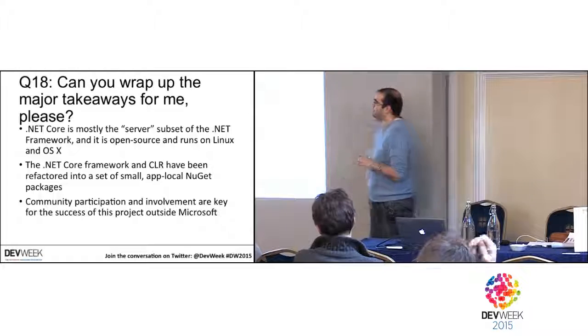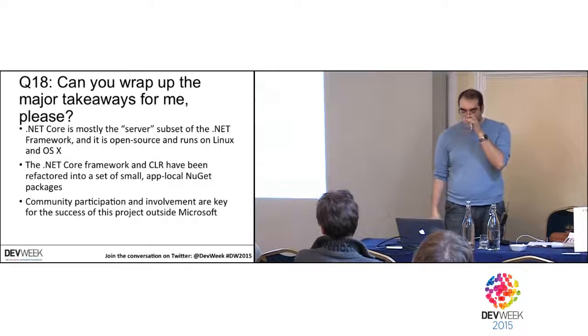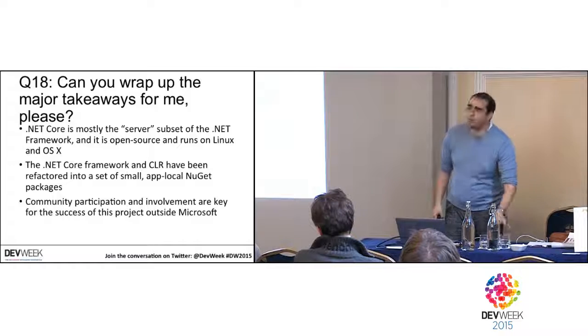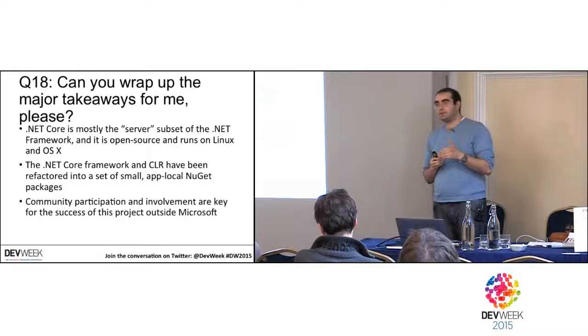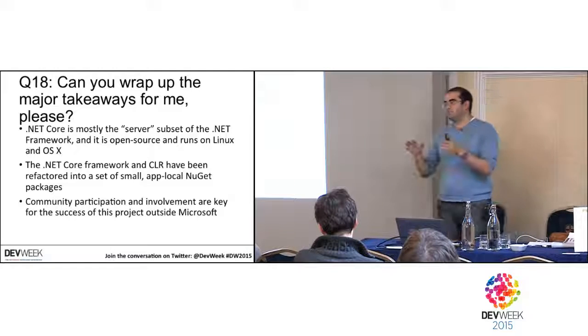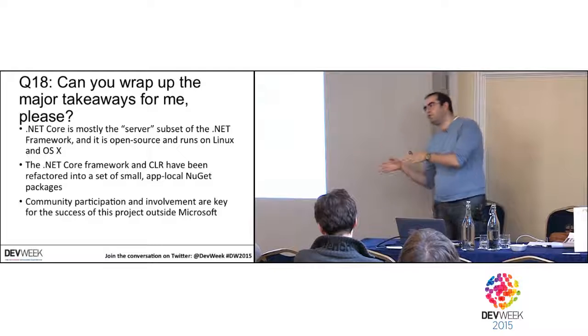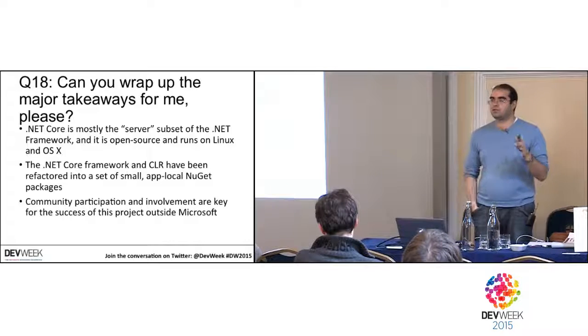Major takeaways, just before you ask your questions and we discuss this whole thing. .NET Core, this magical thing that was announced in November, is a server subset of the full .NET Framework, which is designed to run on all platforms and unify all of these verticals. The .NET and CLR for Windows Phone, the .NET and CLR for Silverlight, the .NET and CLR for Windows Store.